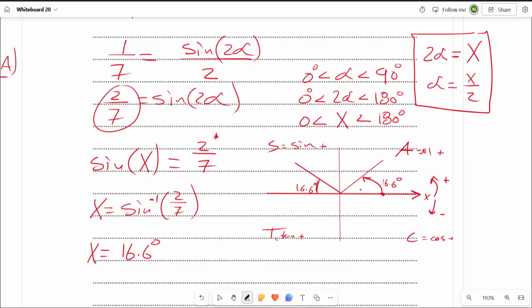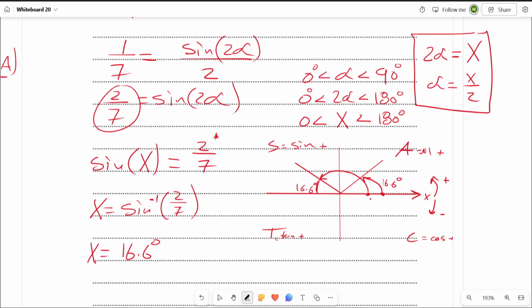So the solutions, I find them by starting on the x-axis and moving until I hit one of my lines. Okay, so the first solution was already done. We know that this is going to be 16.6. The second solution is going to be me starting from the x-axis and moving counterclockwise until I hit my second line. So this whole angle is going to be my second solution.